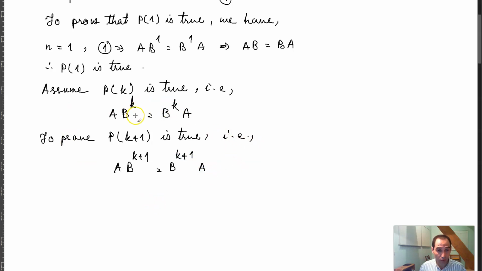So what you can do here is, this is what I have assumed: A times B raised to the power k is equal to B raised to the power k times A. So now I could use what I have here in order to prove that this statement is true.